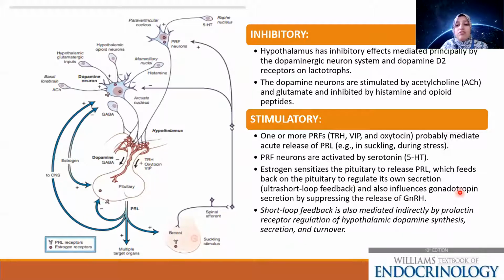It also influences gonadotropin secretion by suppressing the GnRH, the gonadotropin releasing hormone, which comes from the hypothalamus. The short loop feedback is also mediated indirectly by the prolactin receptor regulation of hypothalamic dopamine synthesis, secretion, and turnover. So you see, this short loop feedback is important from the point of view of how prolactin is controlling its own secretion within the pituitary gland.